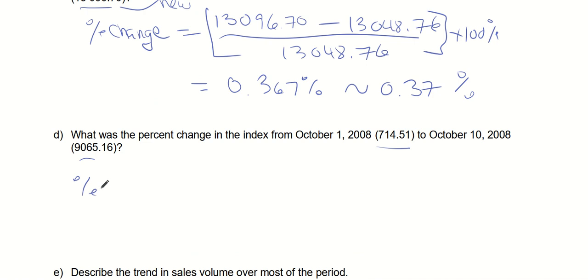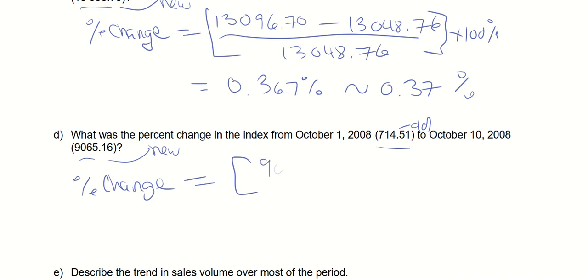So here again, we can use a formula. Percent change equals, and then bracket. So this is the old, that there is the new. Oh, whoop, that's the wrong place. It should be new minus old.